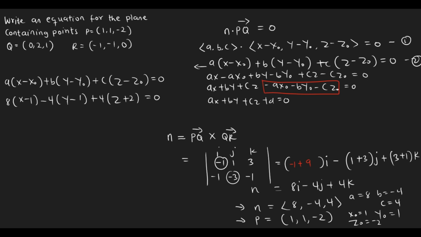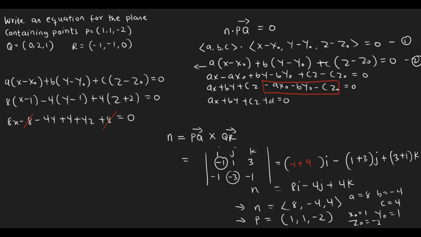So at this point here, we can simplify what you have here. So you're going to have 8x minus 8, and then minus 4y plus 4. Then you're going to have plus 4z plus 8. Okay, this should be equal to 0. So from what you have here, you have minus 8 and then plus 8 here.